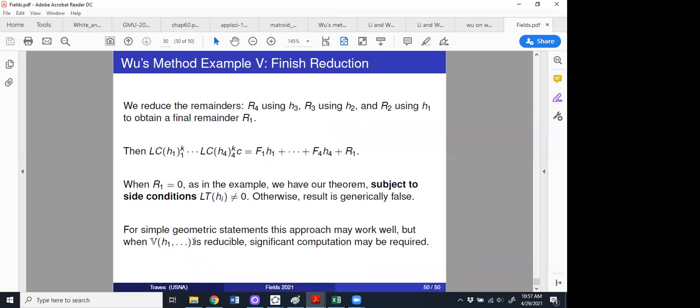Mary, you probably had some other ideas about what should be said about Wu's method. Well, yeah, an example or two would have been good, but you didn't have time. It's okay. The other thing was this idea of the characteristic set, the triangular set, whatever. Maybe we might have some time to look at it.